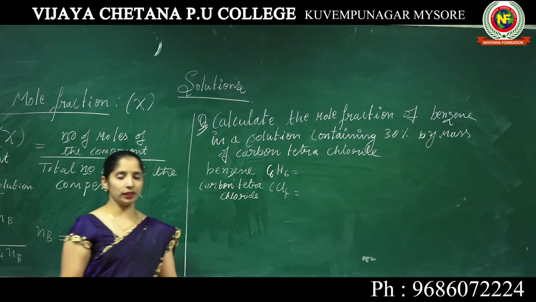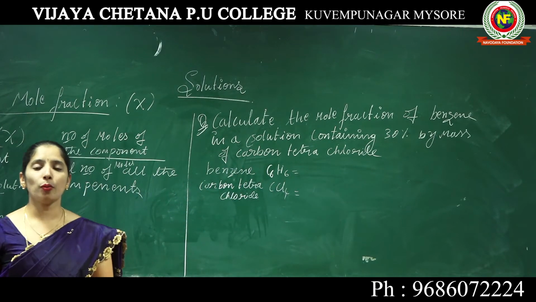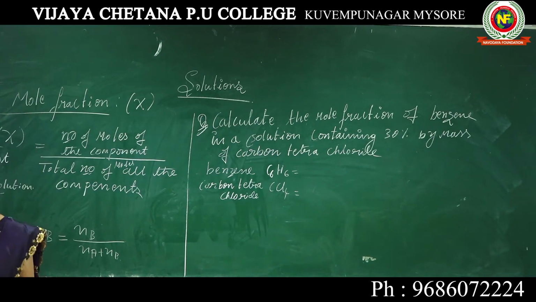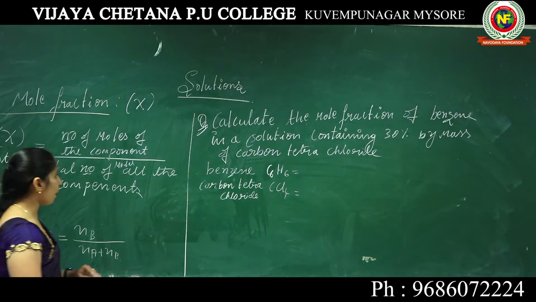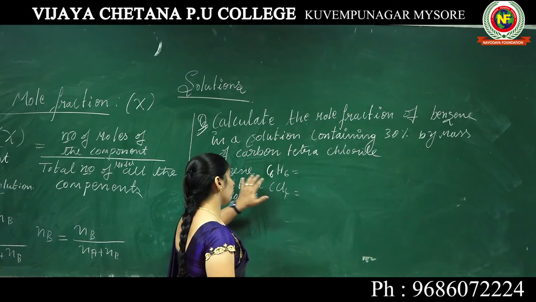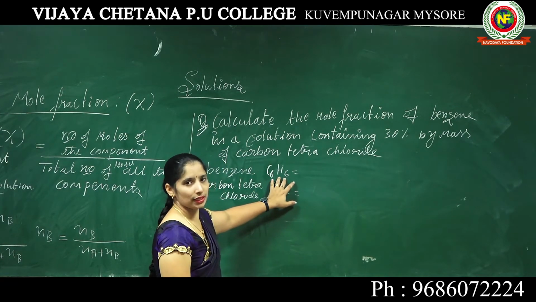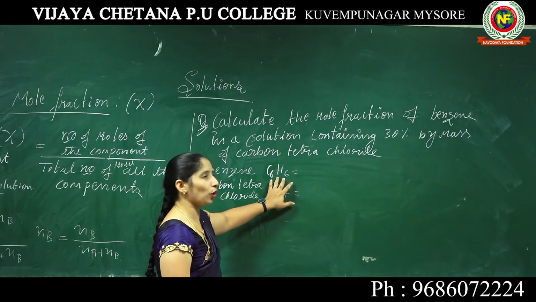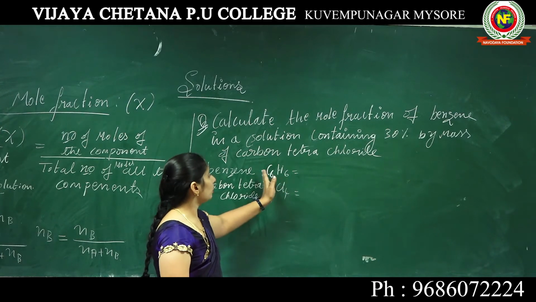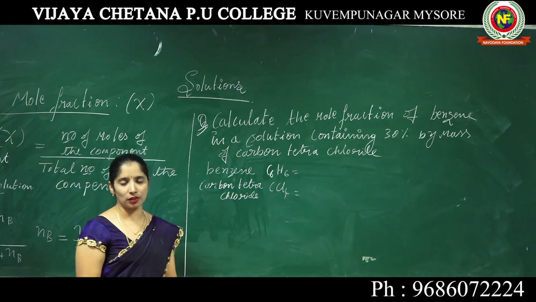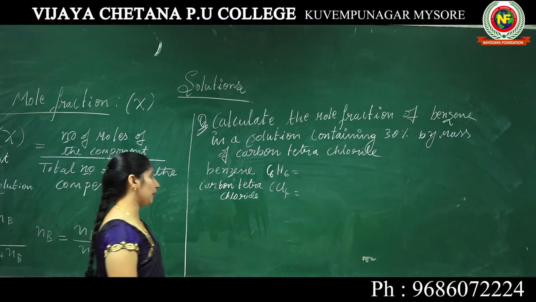Then what about their molecular mass? If you take benzene, in the previous classes we discussed how to find its molecular mass, but now we directly write the molecular mass of the benzene and the carbon tetrachloride.